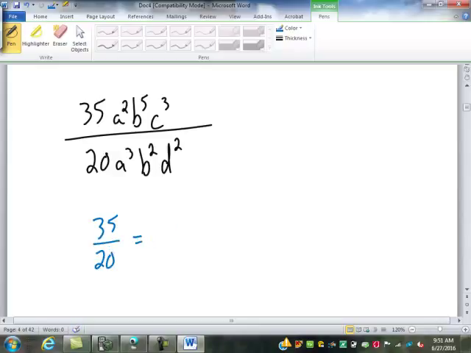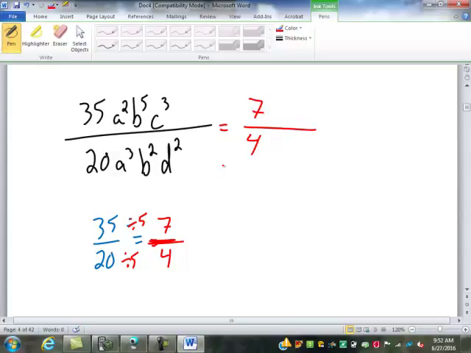What can both of those be divided by? 5. Very good. So divide by 5. 35 divided by 5 is 7. 20 divided by 5 is 4. Does that become 1 3/4? Say no. No. Stays 7 over 4 because of the variables.